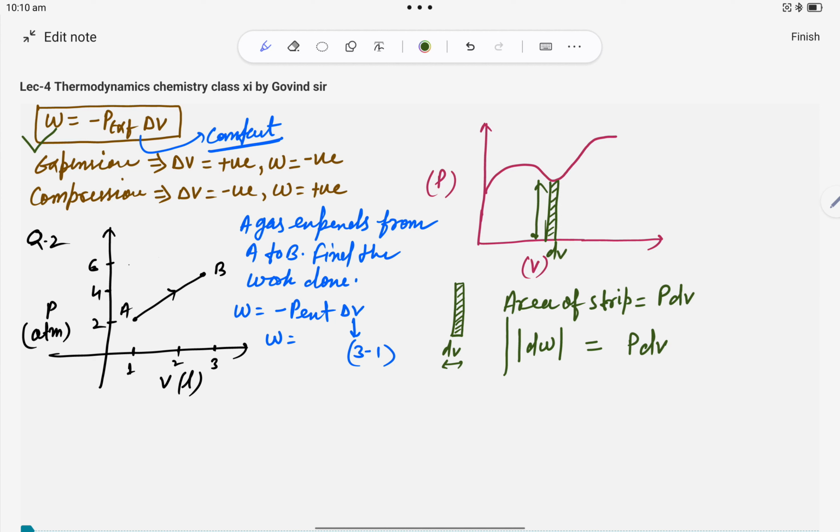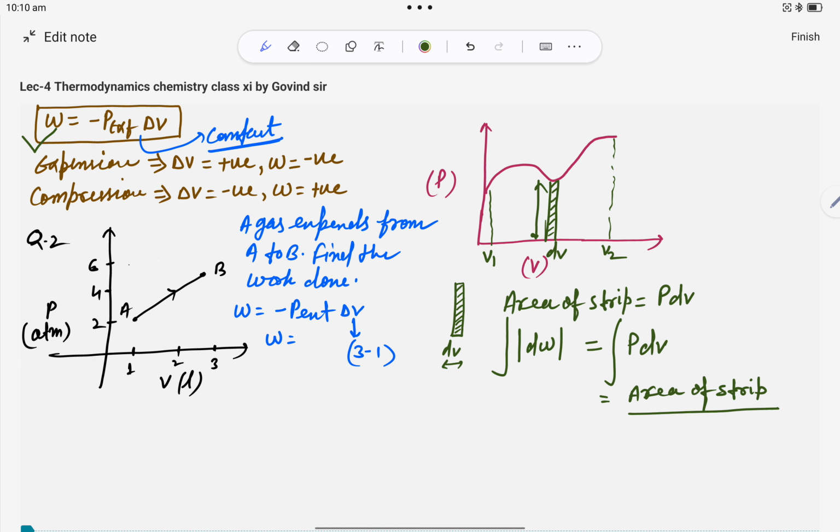Then integration. Now this is the area of a strip, and that is the work done. Suppose this last point is V2 and this initial point is V1. If we know the total area, then total work will be known.